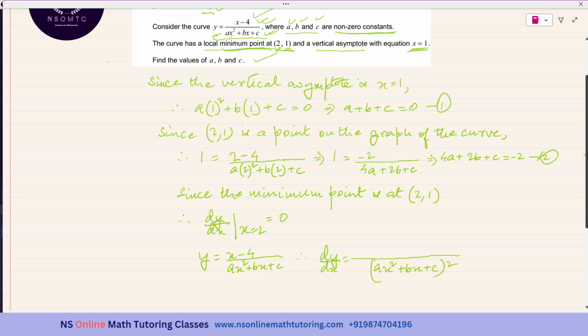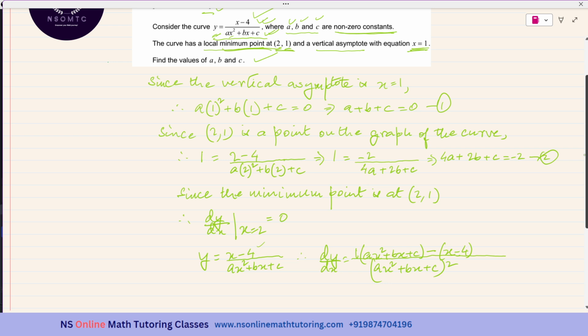and in the numerator, when we differentiate x minus 4 with respect to x, we get a 1 because this minus 4 is a constant term and x when differentiated with respect to x is 1. So it is 1 times ax square plus bx plus c, and then it is minus x minus 4 and the derivative of ax square plus bx plus c.